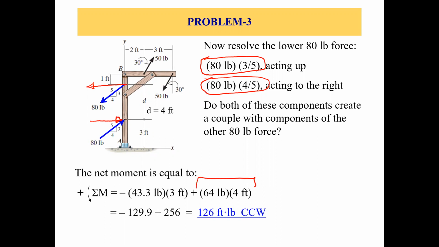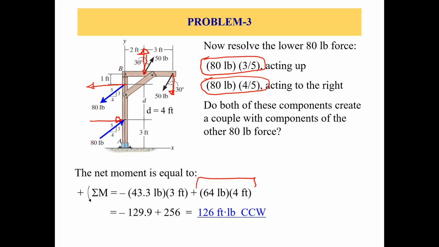This guy. Now let's take the 50-pound forces, and only the Y components create a couple. So this is one component, this is the other component. How much is the distance? 3 feet is the distance d between them. So F times d: F is 43.3 pounds, distance is 3 feet.